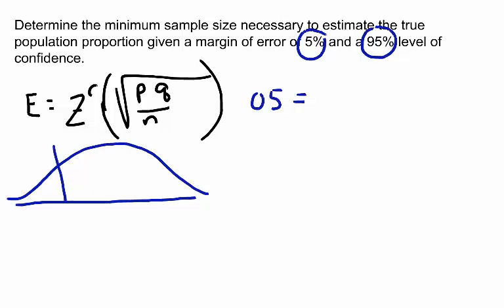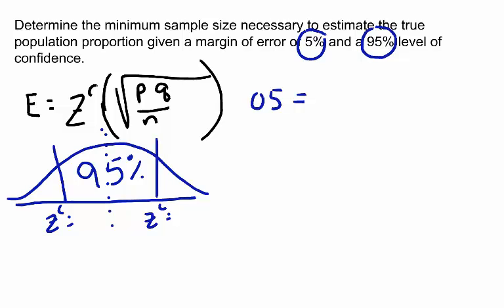So if we consider a 95% confidence interval, we need to find the critical value of Z at the interval's endpoints. Since the total area under the curve is 1 in a normal model for a Z distribution, I know that with 95% in the middle, I must have 5% left over.